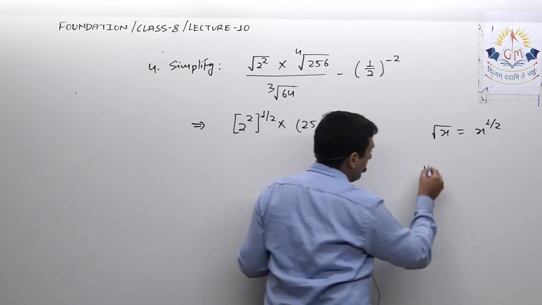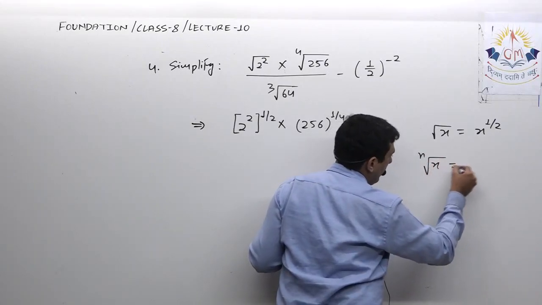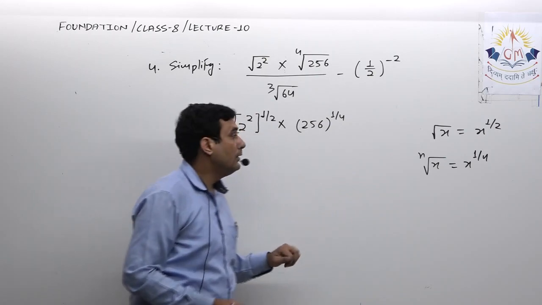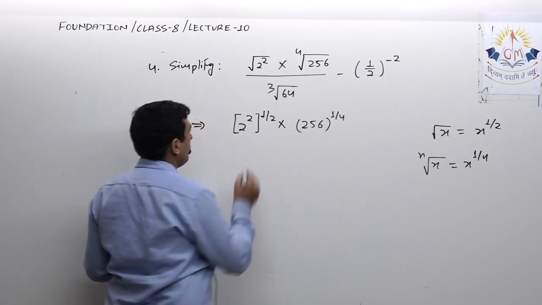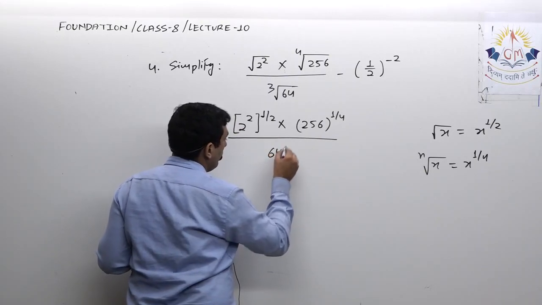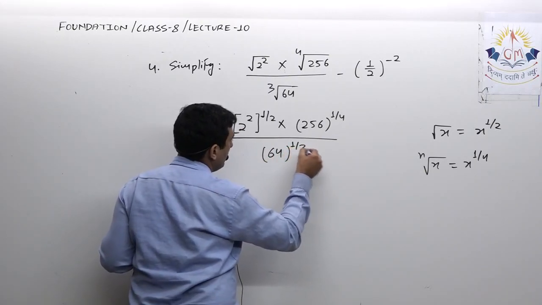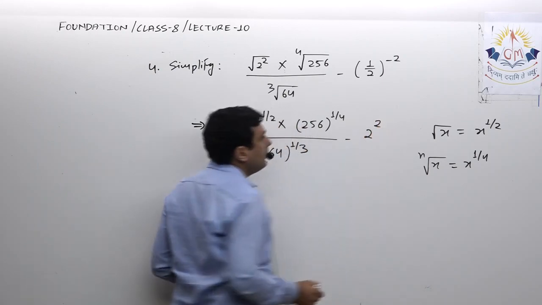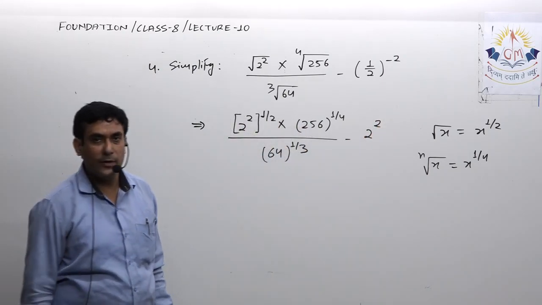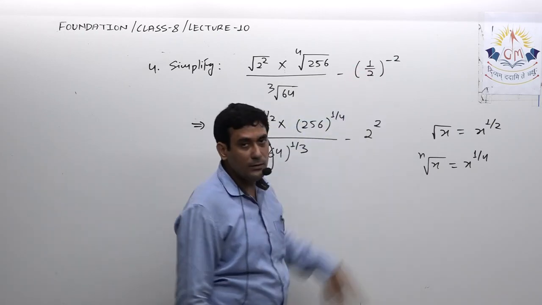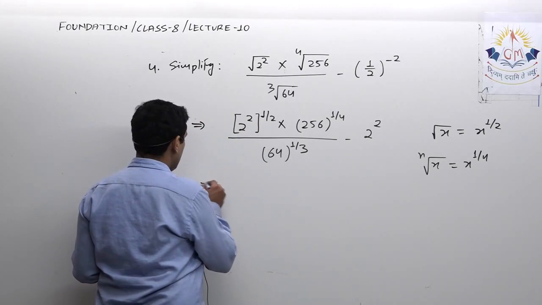I gave you this also. Nth root of x is x raised to 1 by n. So this is 256 raised to 1 by 4. Then over here 64 raised to 1 by 3, minus (2) raised to 2. We always convert the negative exponent into positive exponent by interchanging the numerator and the denominator.